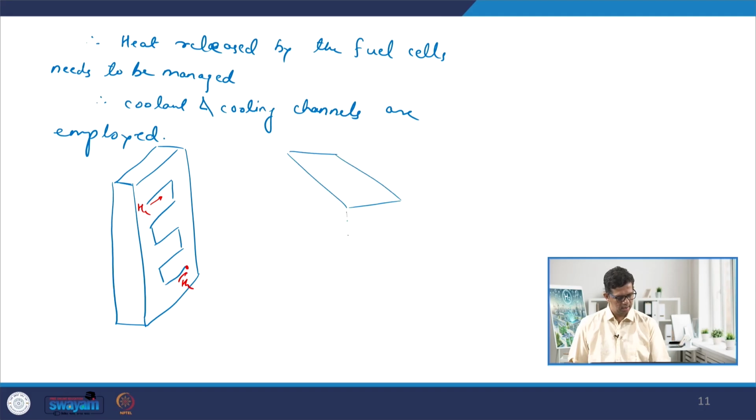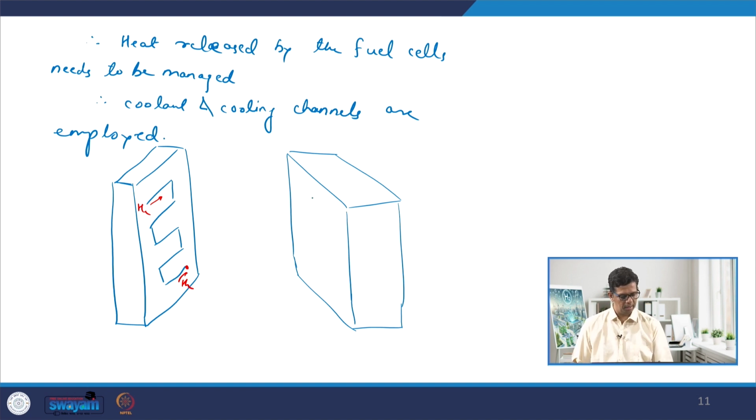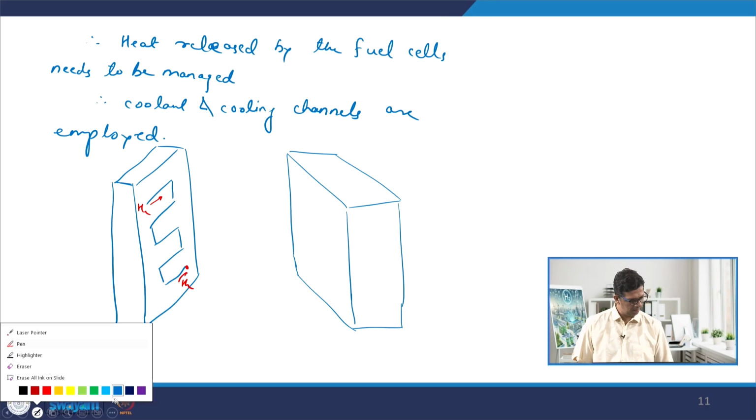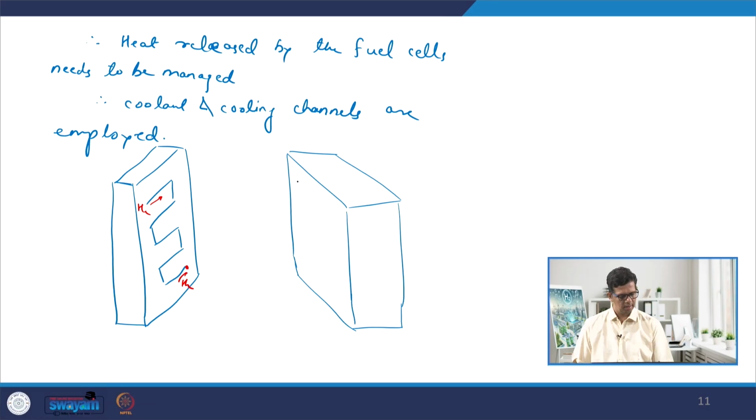coolant designs on the other side. So, it is the same monopolar plate. I am just showing the other side, the other face of the monopolar plate, and then here we have coolant designs. Basically these are the coolant channels, and they also take the coolant in and out.